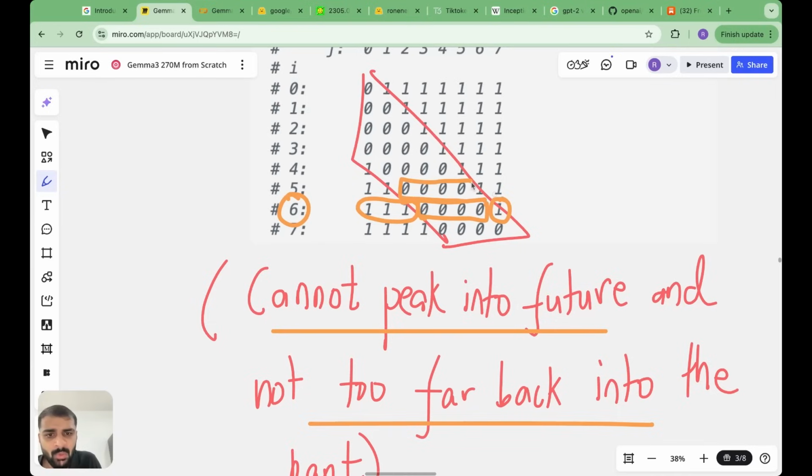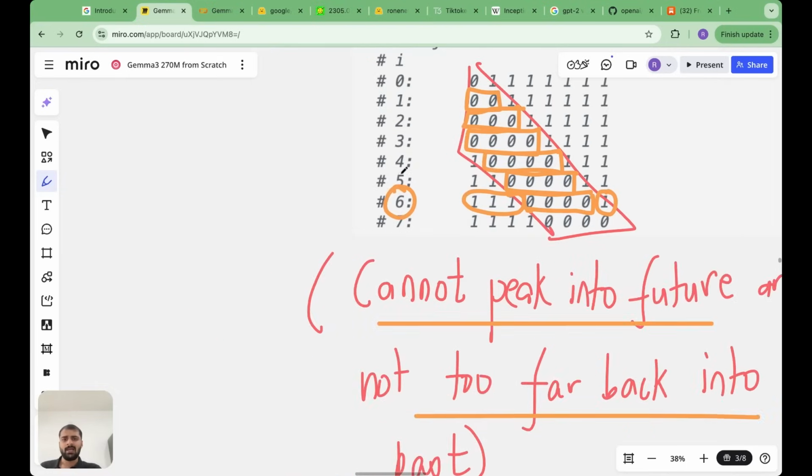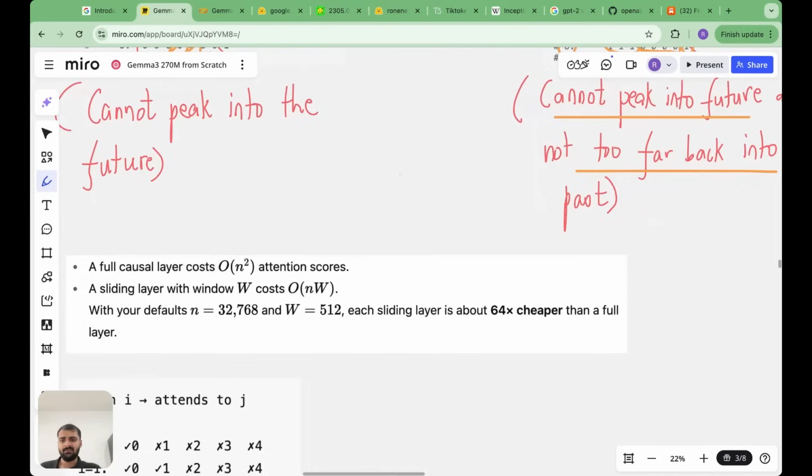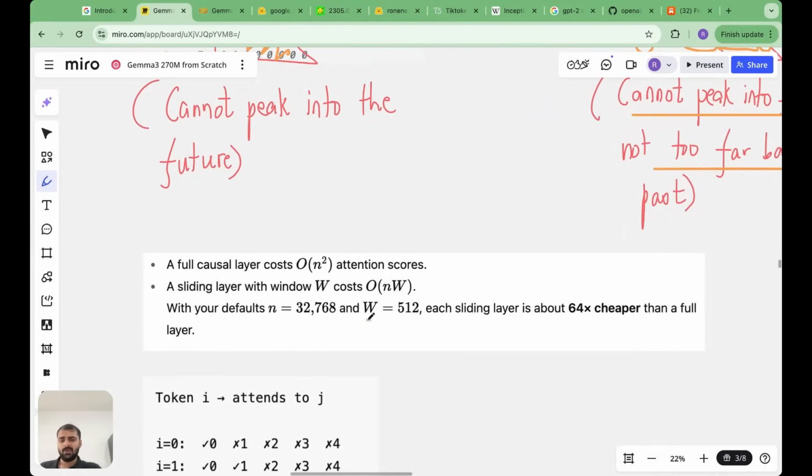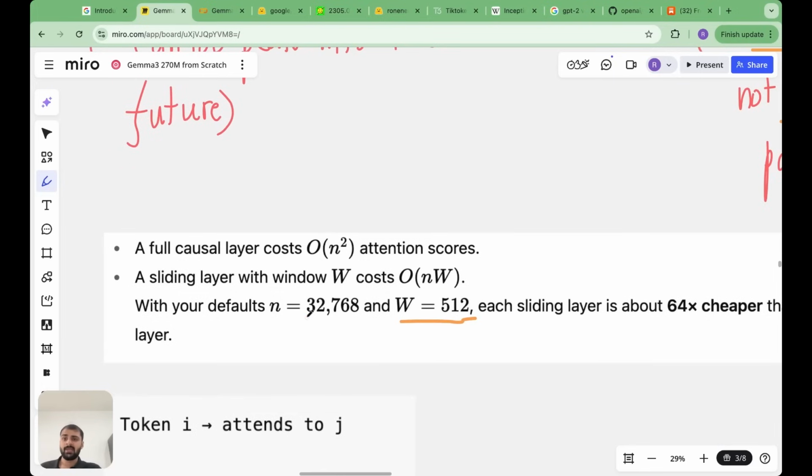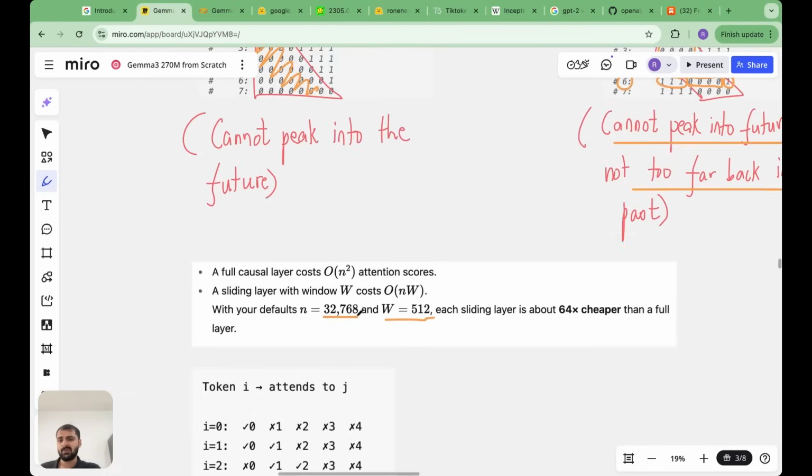So tokens have access to only a certain window of tokens which comes before the current token. This is the sliding window size which we have to define beforehand. And this was defined in Gemma. Actually, in Gemma, the sliding window was 512, and their input sequence size was 32768.